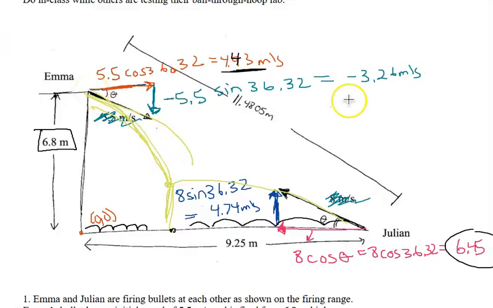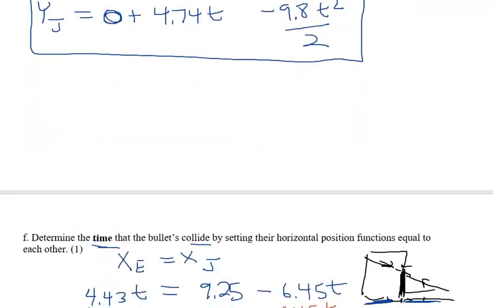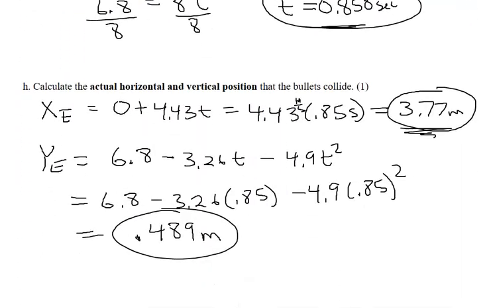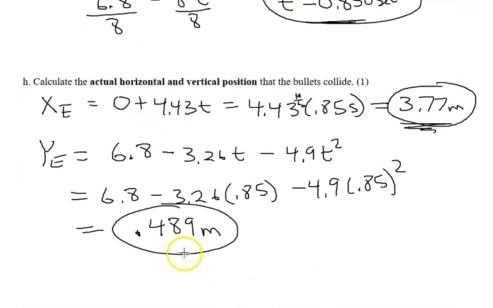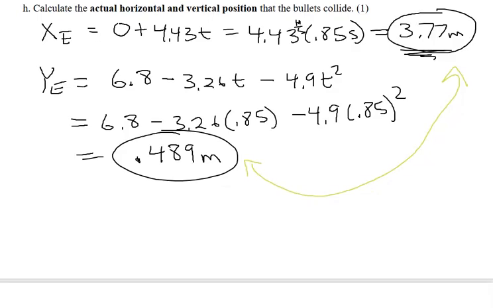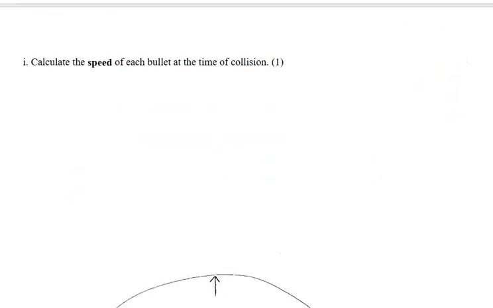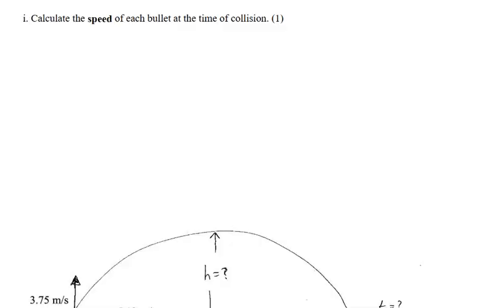But they collide pretty close to the ground based on our calculations. So that is the two-dimensional collision, where you need to know not just where they are horizontally, but where they are vertically. Okay, and then really good practice with speed.